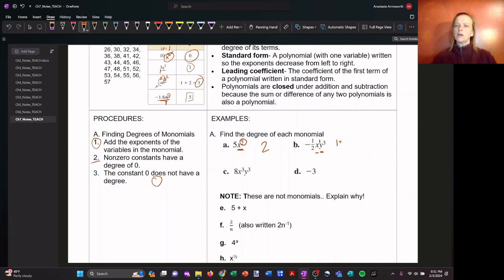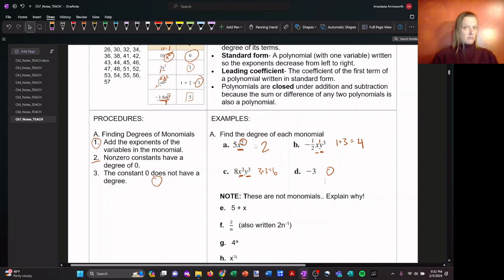X has an exponent of 1, Y has an exponent of 3, so my total degree here for this monomial is 4. For question C, two variables again to think about. X is cubed, Y is cubed, and 3 plus 3 is 6. And lastly, for question D, we have a constant, and constants just have a degree of 0.